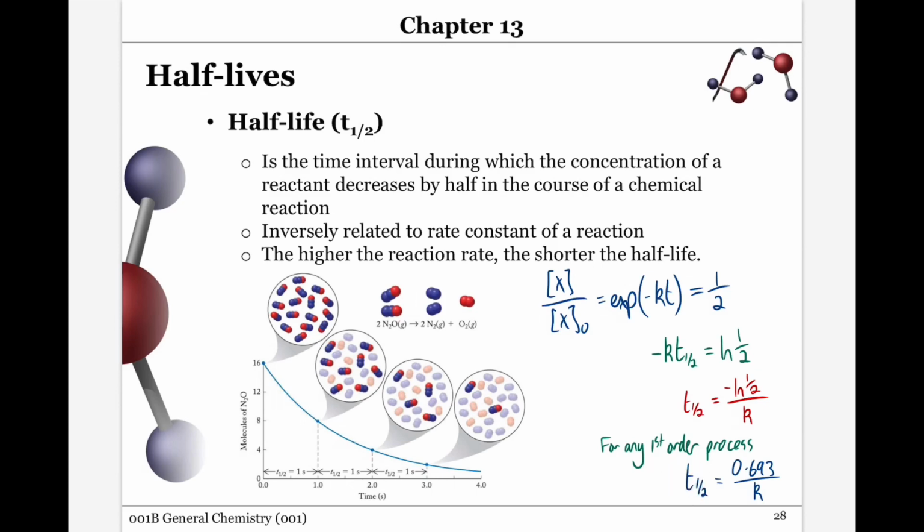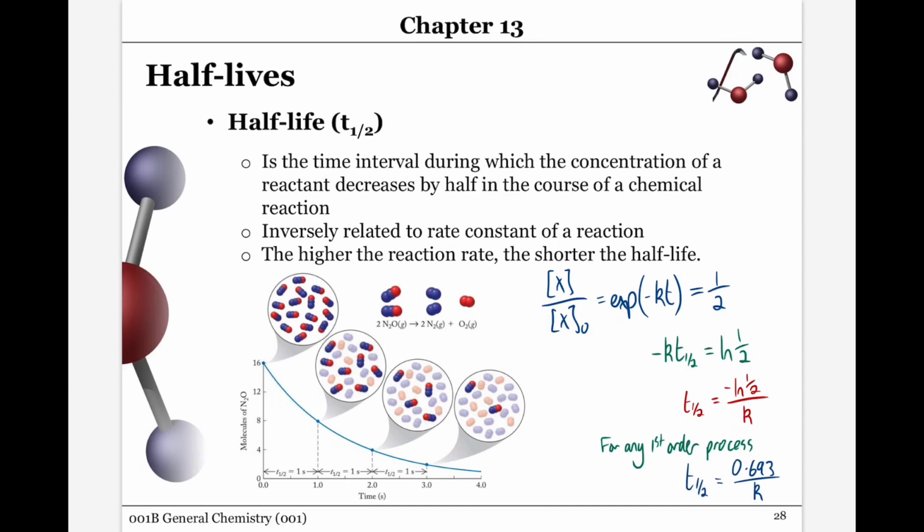This is for a first order reaction. We've shown that we can use the integrated rate law to determine a value of k, and from that we can determine the half-life, which is a more conceptual value for how fast the reaction is going.